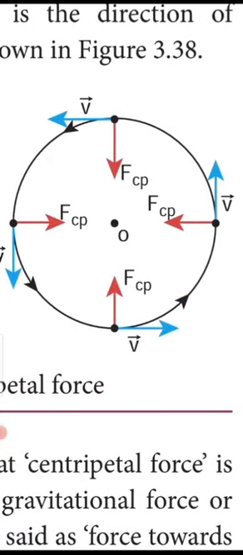The center point is O. All four forces are towards the center, which is why it is called a center-seeking force, the centripetal force. See the velocities going outwards, but the force is towards the center.